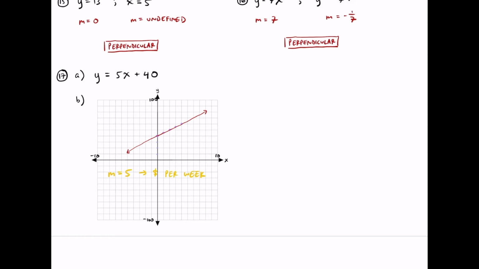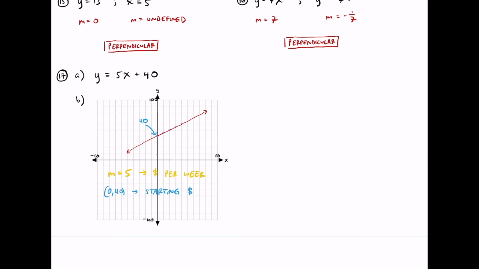And then for that 40, that's (0, 40), that's like saying before you even get started, starting amount of money, starting money, right? So you already had the $40. You can't be taking that away from yourself. You already have it, so you don't have to worry about it. So it's a constant value here. This number, the 40, is called the y-intercept, and you're gaining $5 per week as you go.